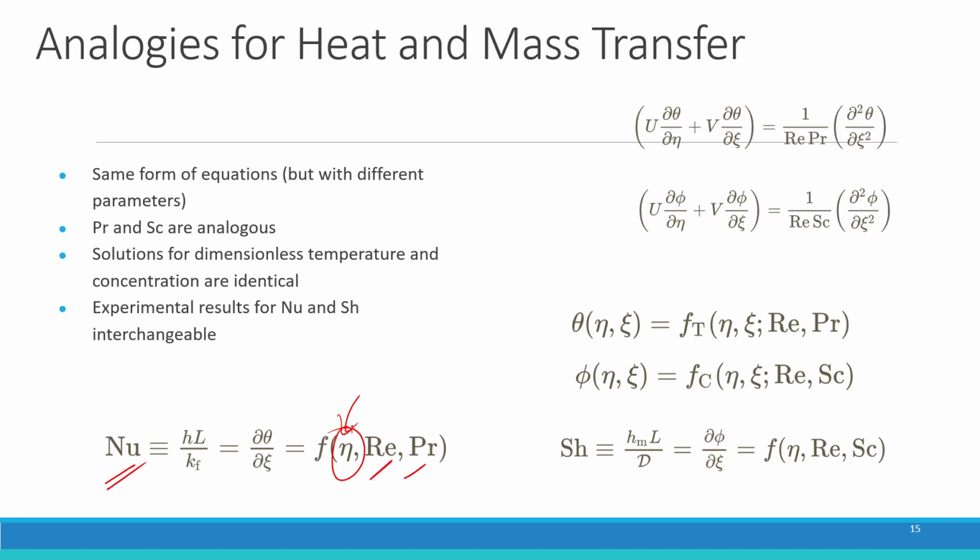That is, for a given geometry, if we have been given Reynolds number and Prandtl number, then using any correlation we can calculate this Nusselt's number. It won't depend on any other parameters except these three parameters.